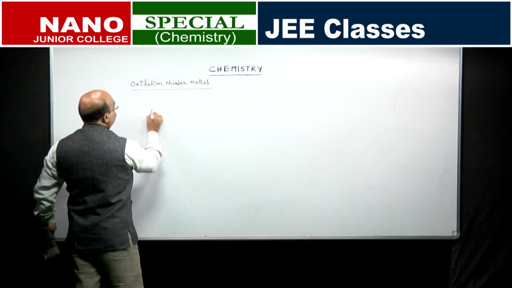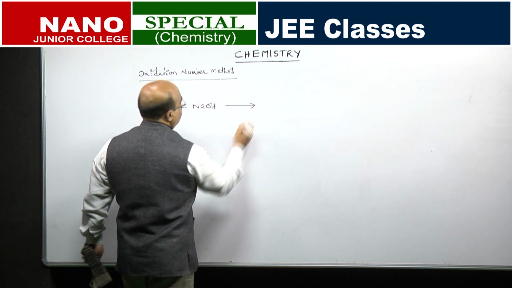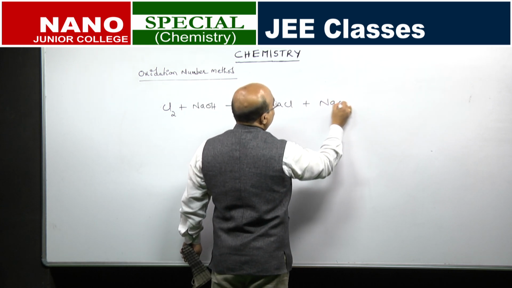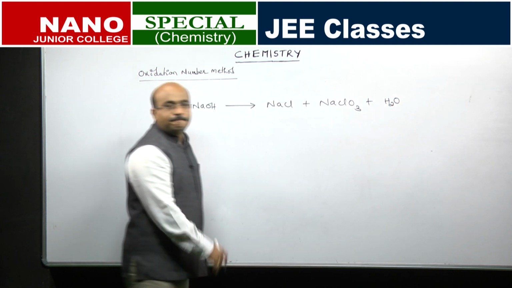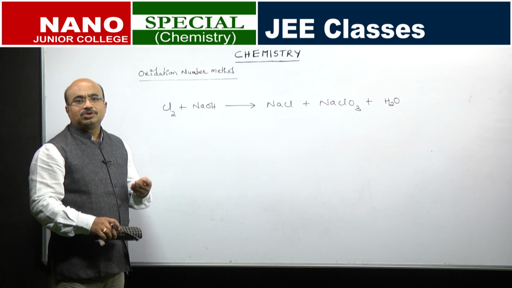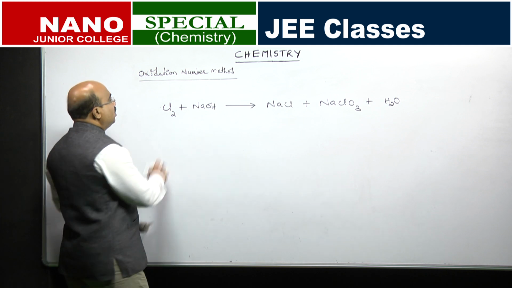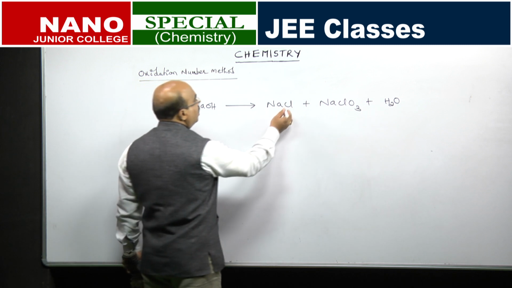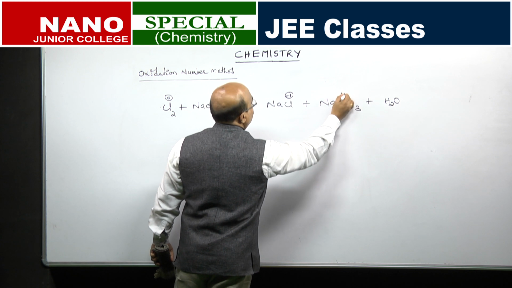So, here Cl2 plus NaOH is giving NaCl, NaClO3 plus H2O. How do we say again this is a disproportionation reaction? Chlorine oxidation state here is 0, chlorine oxidation state here is -1, chlorine oxidation state here is +5.